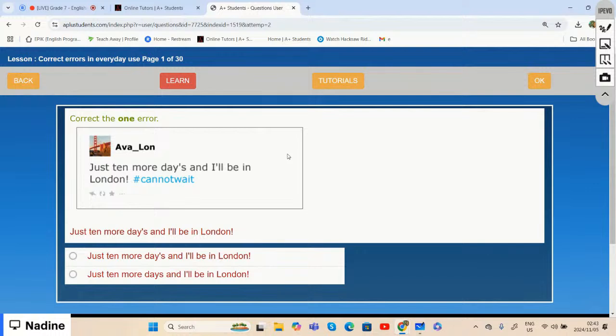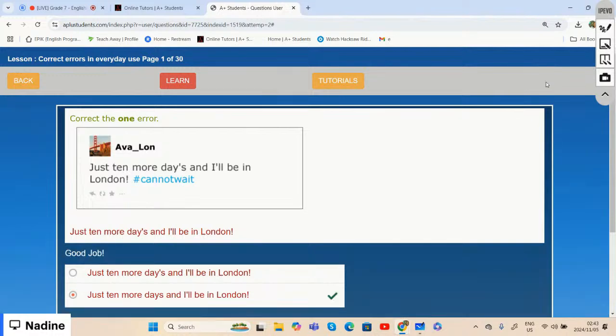Remember we are choosing the plural form of days, so we will choose option two, days, plural form, not possessive.